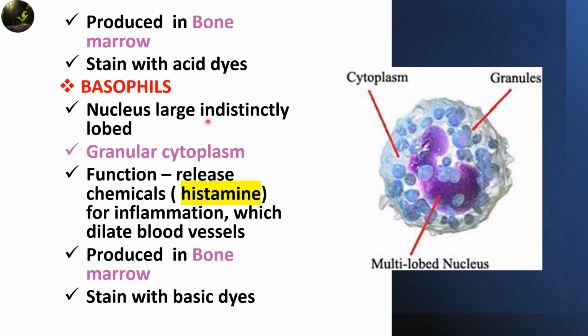The remaining one is acid dye, that is eosinophil. Eosinophil is stained with acid dyes, but basophil is stained with basic dyes. And all are produced in bone marrow. These are the common features: all three have granular cytoplasm, but based on the lobes of the nucleus, they are classified into three.